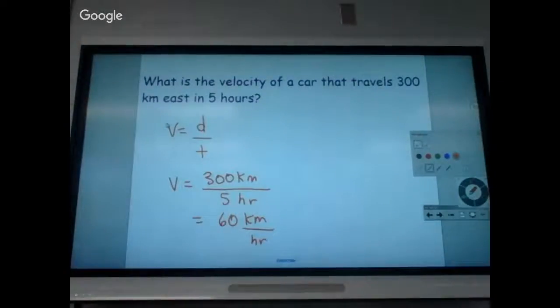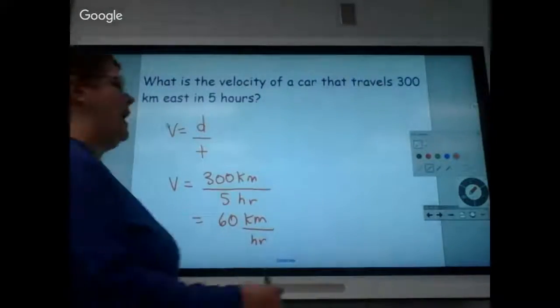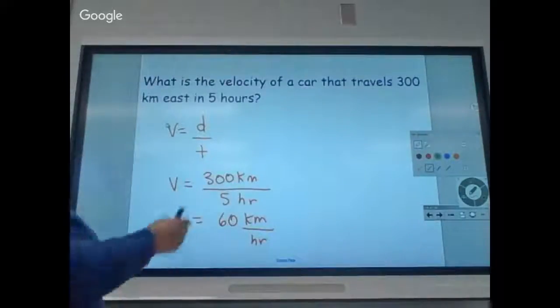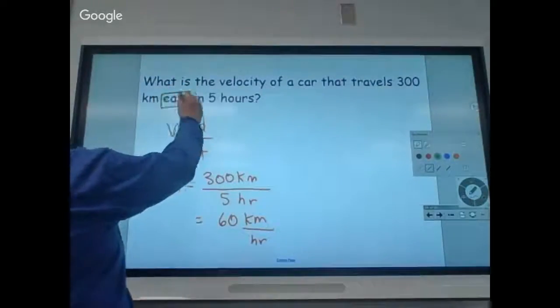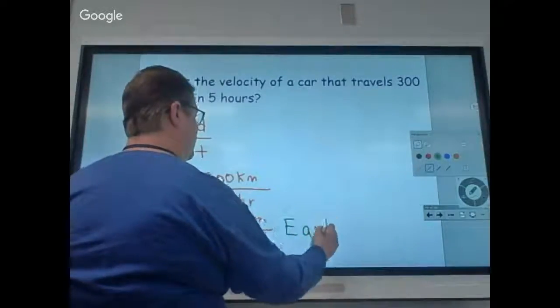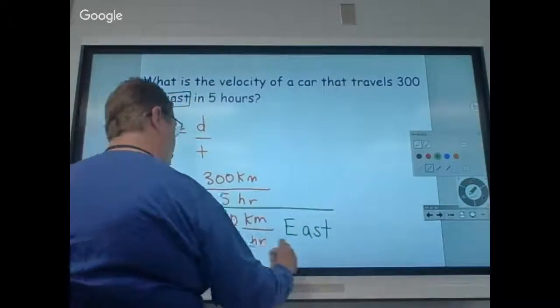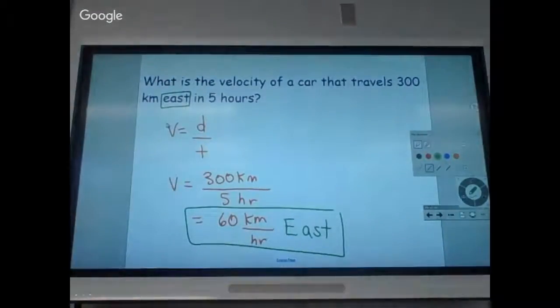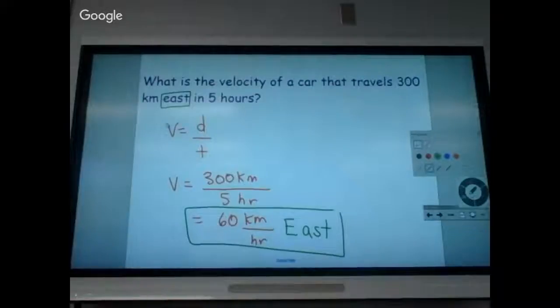Velocity requires an extra piece to the answer because velocity has direction. Look in the question and find the direction. You have to write east on the answer for velocity because velocity specifies the direction. Does that make sense?